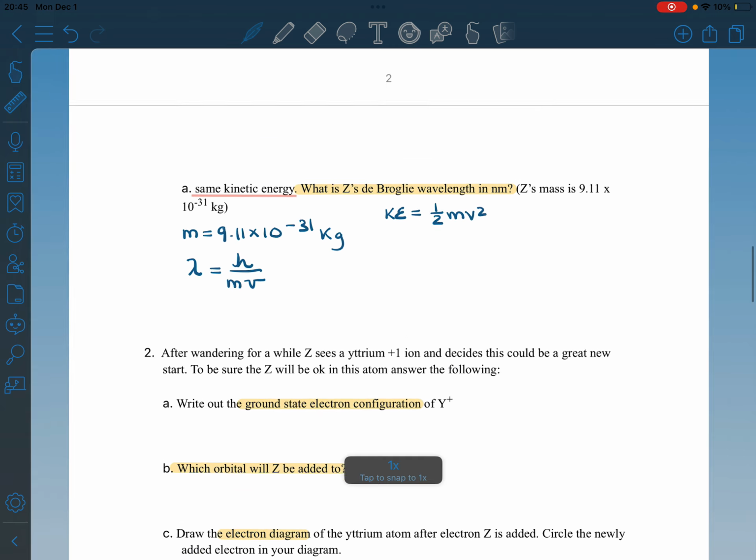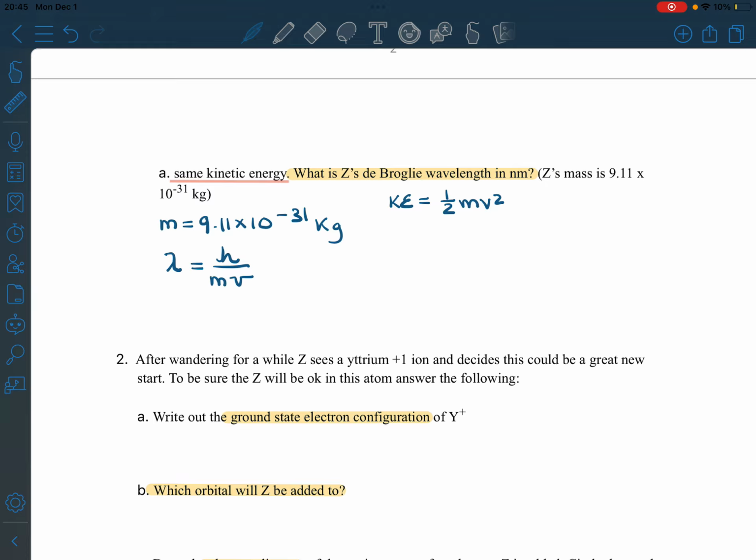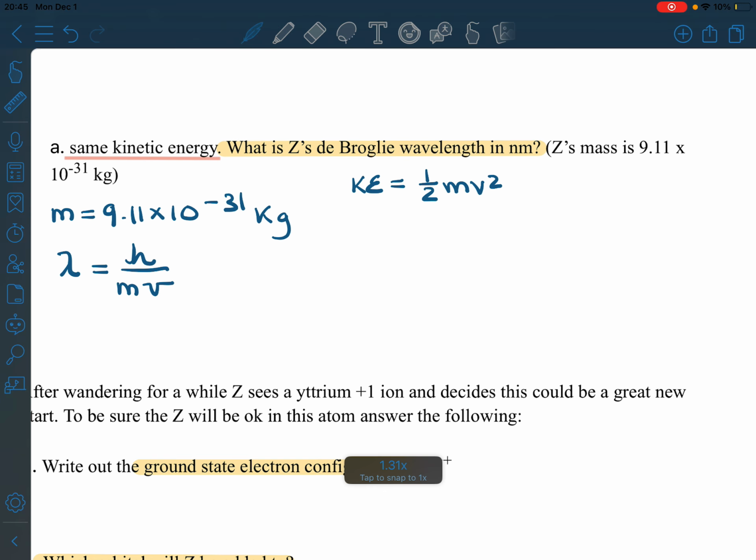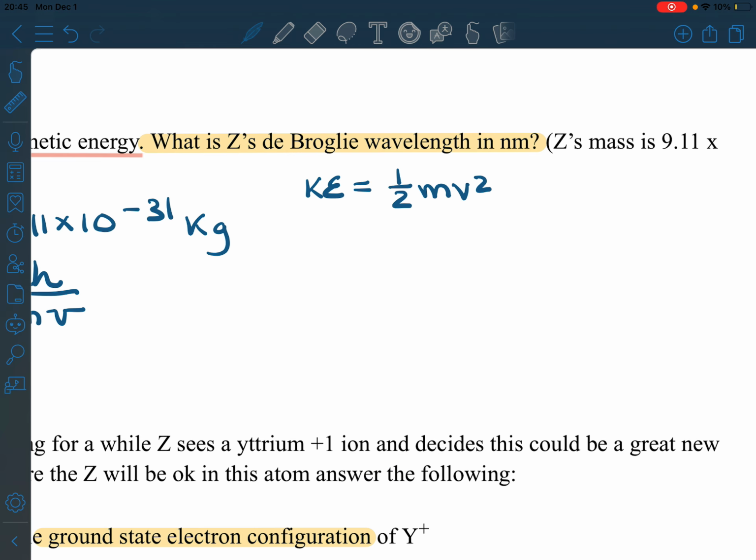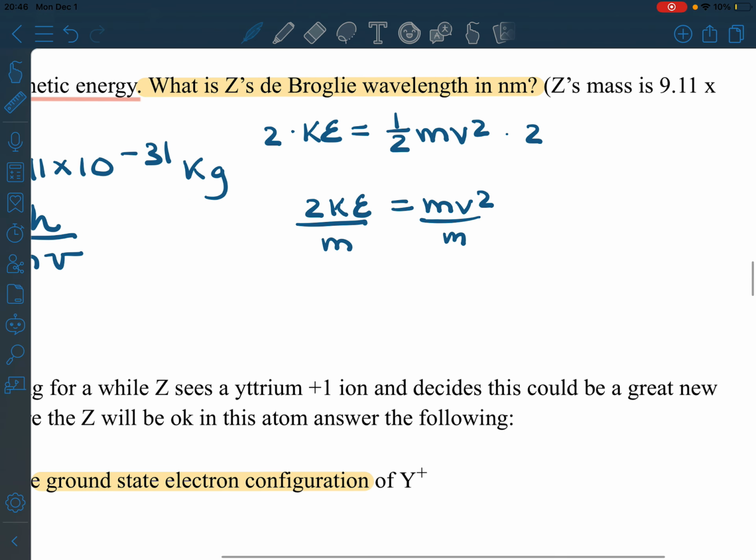And I know KE. So I can go ahead and isolate for velocity. So let's see. 2KE equals mv squared, divided by m on both sides.